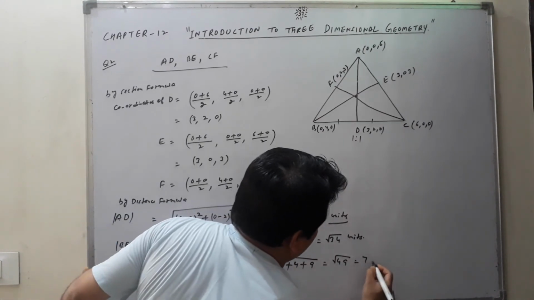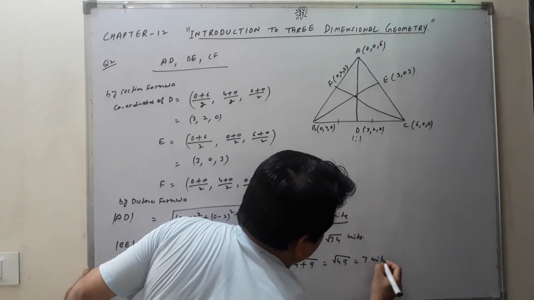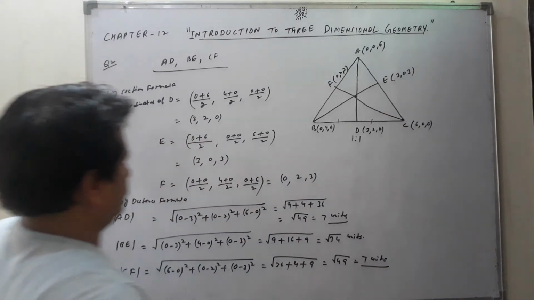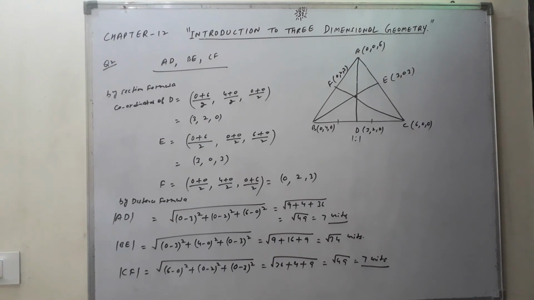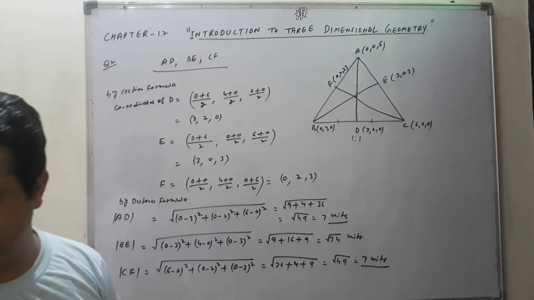That is also equal to 7 units. So that will be the answer of this question. AD is equal to 7 units, BE is equal to root 34 units, CF is equal to 7 units, students.